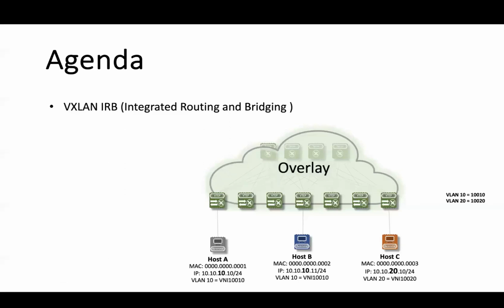Hello everyone, welcome back. Today we are going to discuss Vxlan IRB, Integrated Routing and Bridging. Vxlan IRB allows the VTEP to perform routing and bridging. Bridging will be performed when we forward the traffic within the same subnet or same VNI.